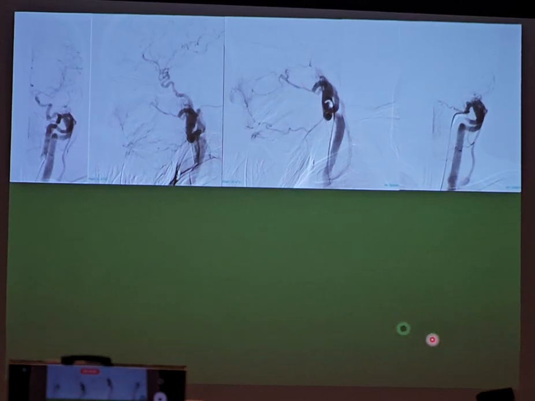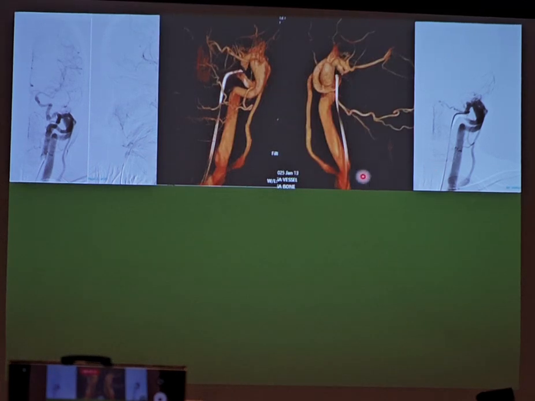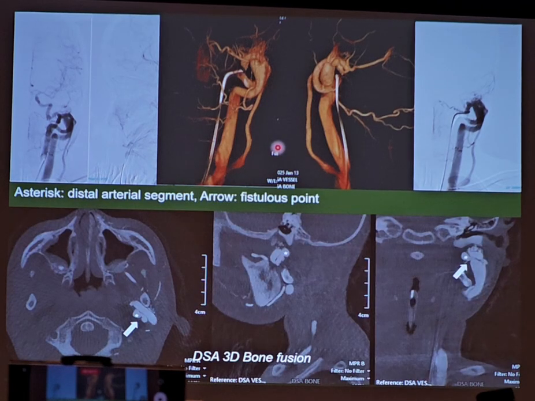During the treatment, if you're still confused about where exactly the fistula is, your machine will provide all the 3D rotation that you can use. Now with the DSA 3D bone fusion, it is easier to see that you change the caliber of this artery, luckily with some narrowing, and you have the vein just at that location.